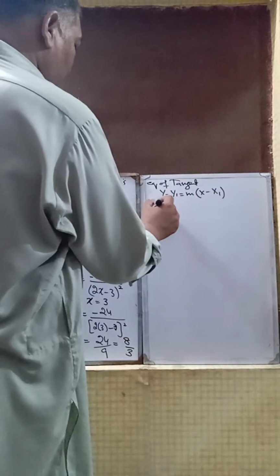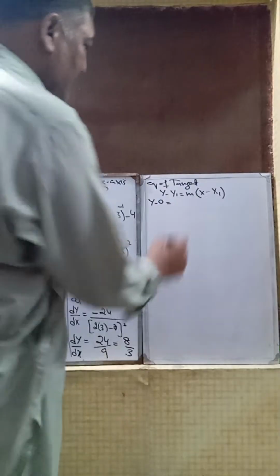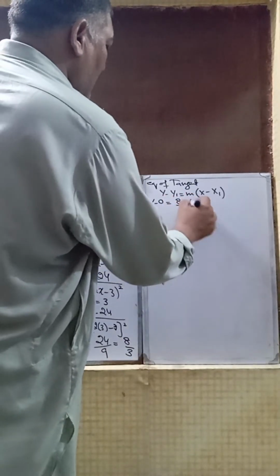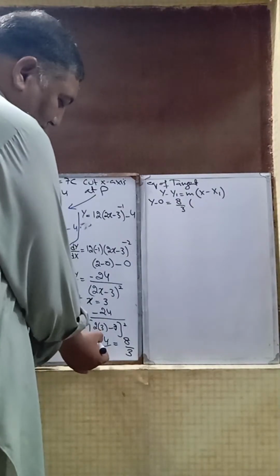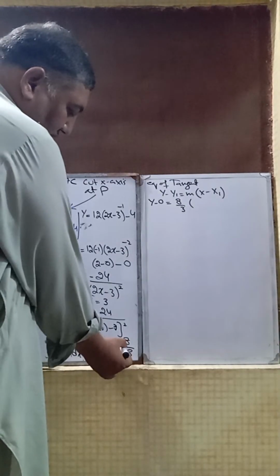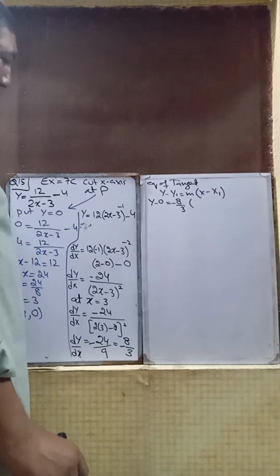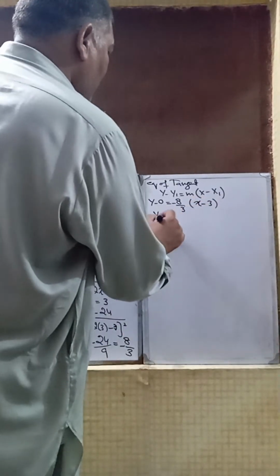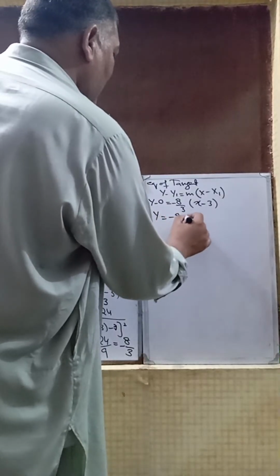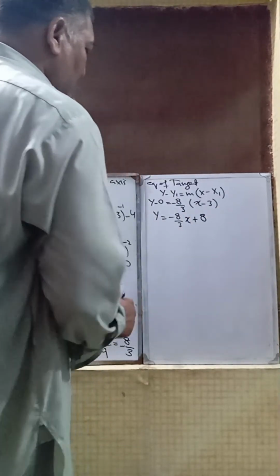So y minus 0 is equal to the gradient, 8 by 3, into, and it has a negative, yeah, so negative, x minus 3. So y will be equal to minus 8 by 3 x, plus, the 3 will be cancelled, you're left with 8. So this is the equation of the tangent.